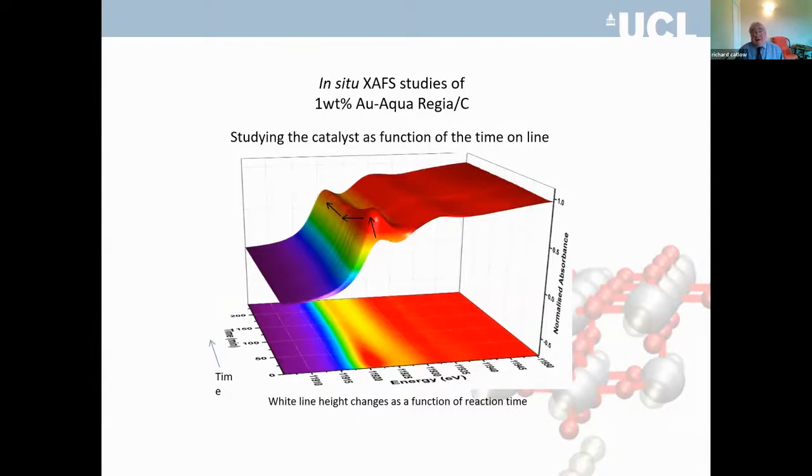What we're seeing here is essentially the gold absorption edge for this catalyst, first as you start the catalytic process. It's a time-resolved spectrum, and after about 50 minutes, the system has settled down and it's then operating catalytically. So we then analyze the spectrum when the catalyst is actually in operation.